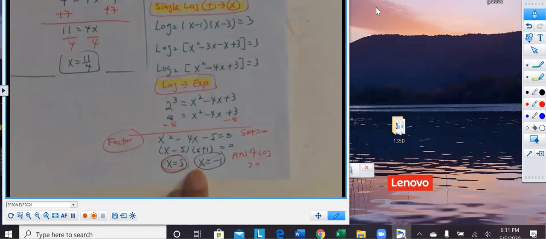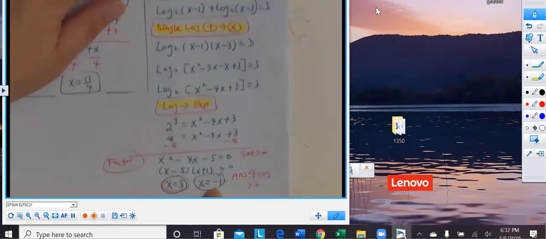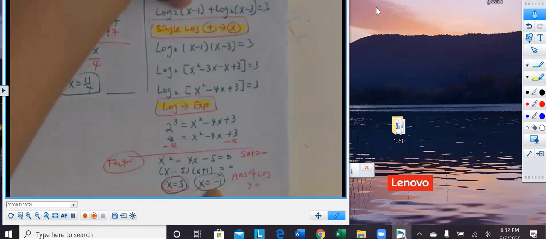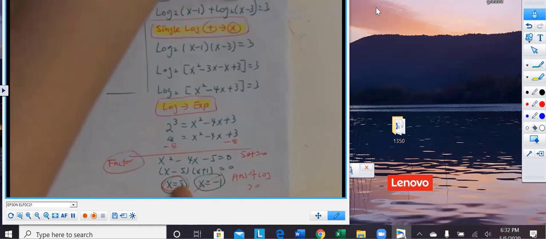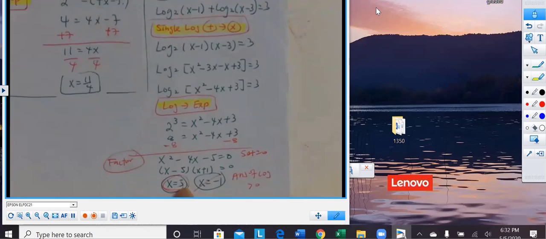The main thing is that the base of the log and the answer of the log need to be greater than 0. So once you found your answers, you look back here. If you put a -1 here, it will make the answer of the log negative. So we throw this answer away. If you put a 5 here, this is okay. If you put a 5 here, it's still positive. So we keep one of these. So just because x equals -1 doesn't automatically mean you exclude it.